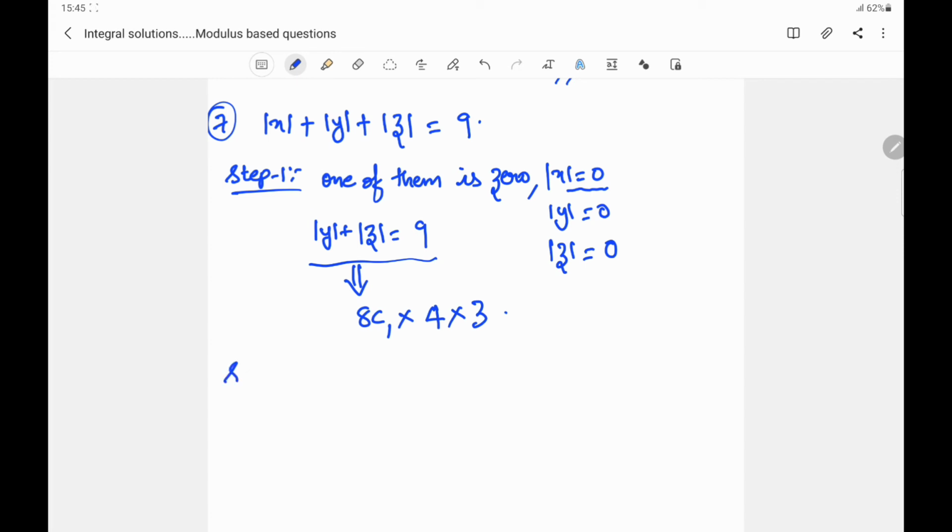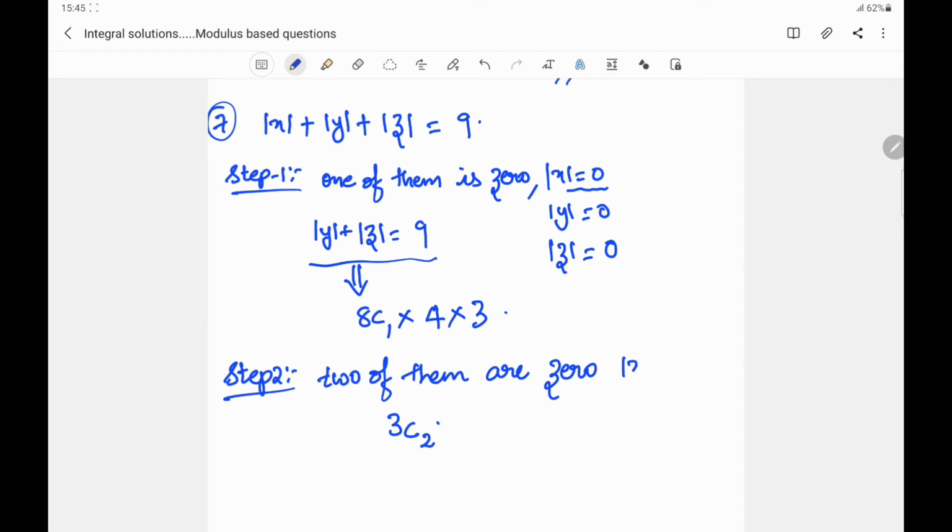Now step 2: any 2 of them are 0. Out of 3, that is x, y, z, I will select 2. If two of them are 0, what is going to happen?